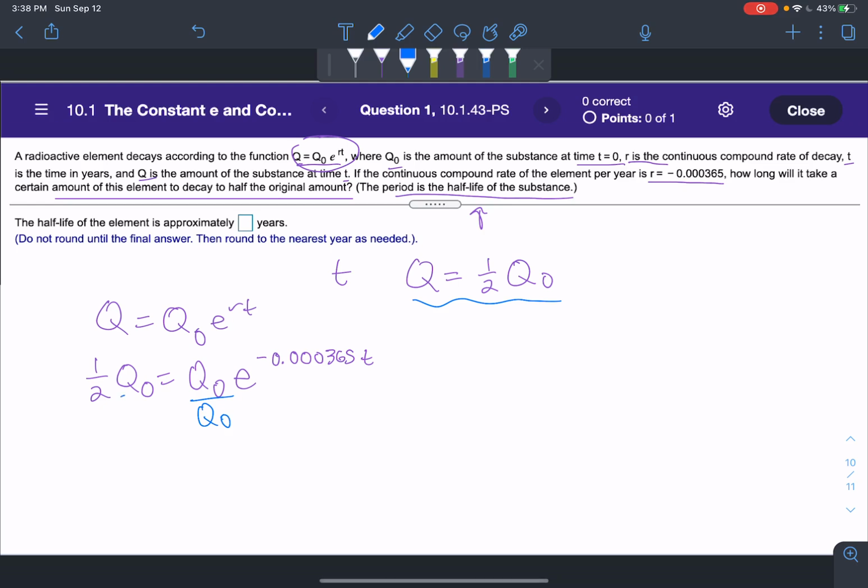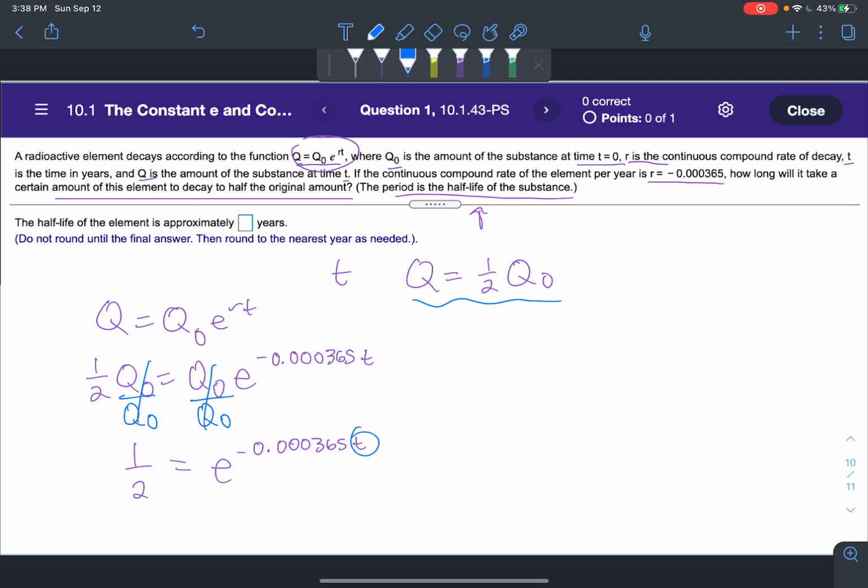So it really didn't matter what Q or Q naught was. And so I get 1/2 equals e to the negative 0.000365 T. I'm solving for T here.